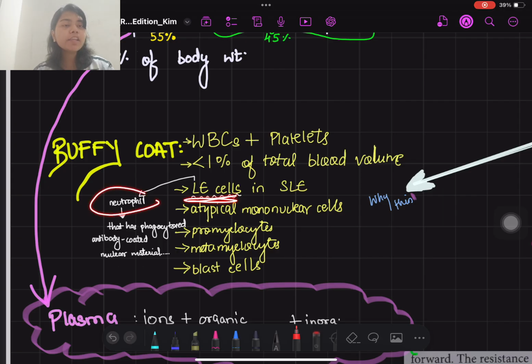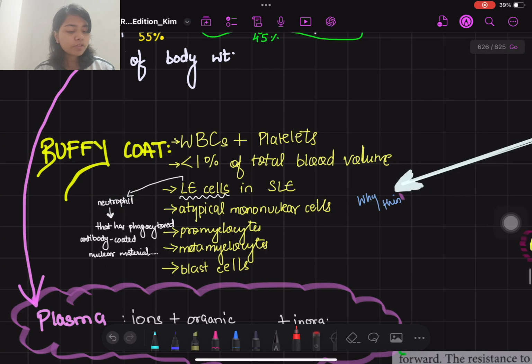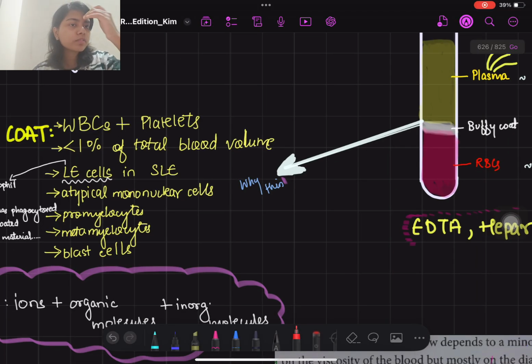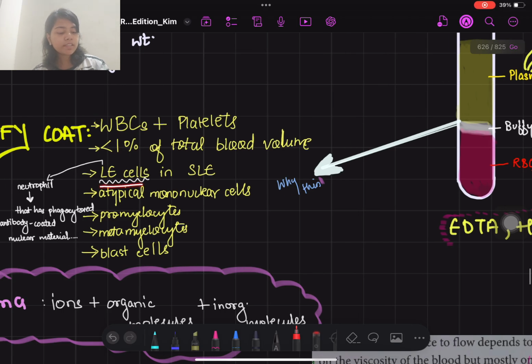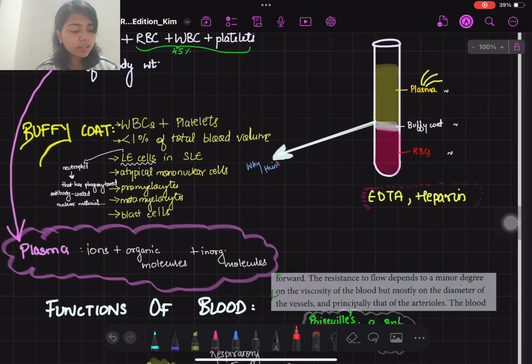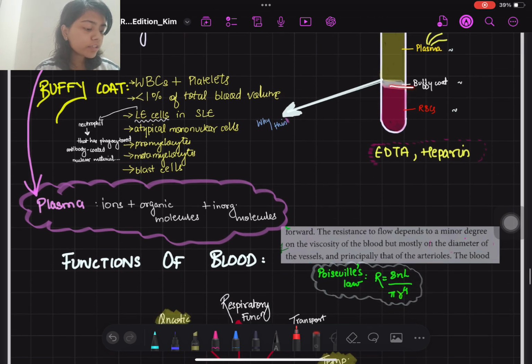LE cells are basically your neutrophils. So this question can be asked in an MCQ, suppose, though it is usually not asked, which cells may be found in the buffy coat: LE cells in SLE. I will elaborate more on this in my WBC video. For now just remember that buffy coat is made up of WBCs and platelets.